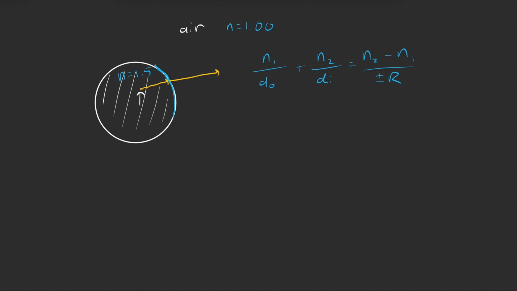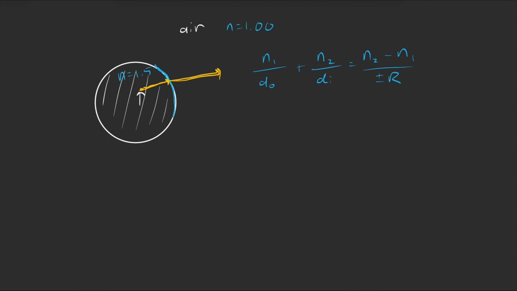Now, a lot of variables here, but they're all pretty straightforward. n1 is the index of refraction of the first medium, the first medium being the material or the substance that the object starts in. n2 is the index of refraction of the second medium, or where the light ray exits. So in this case, our light ray starts at our object here, and then it travels to the spherical surface into air. So n2 would be air.